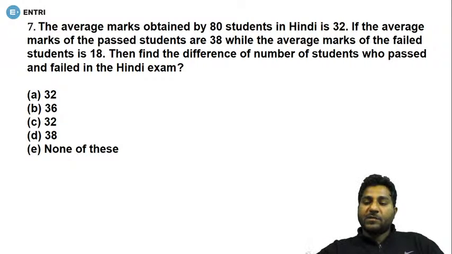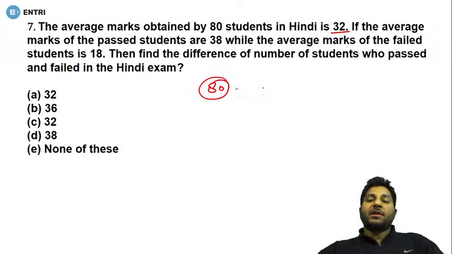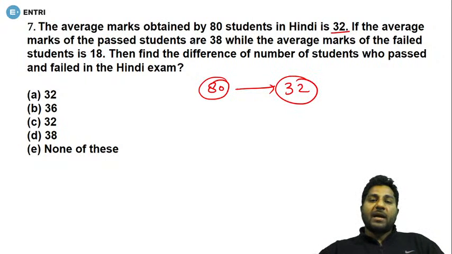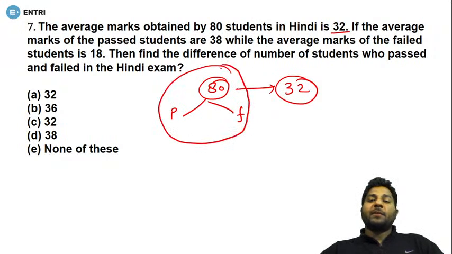Come on, do it as quickly as possible. The average marks obtained by 80 students in Hindi was 32. So 80 students scored 32 marks. The students have been differentiated between passed and failed, and together they make the total students.